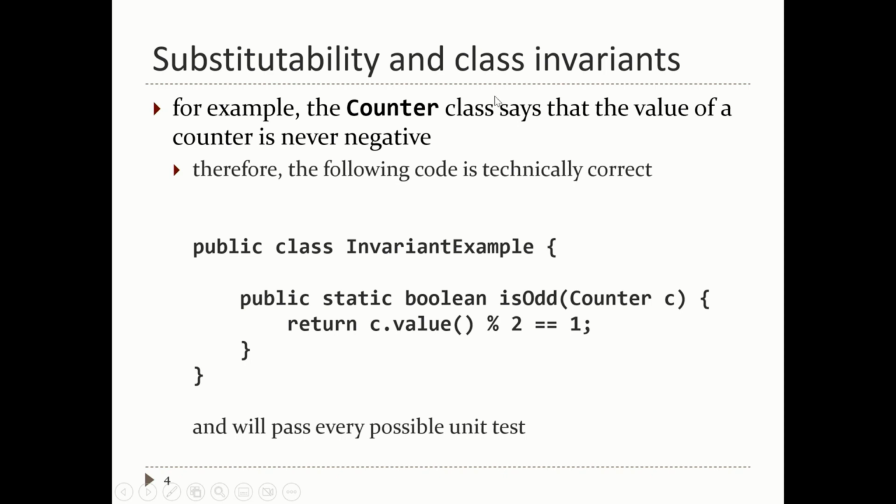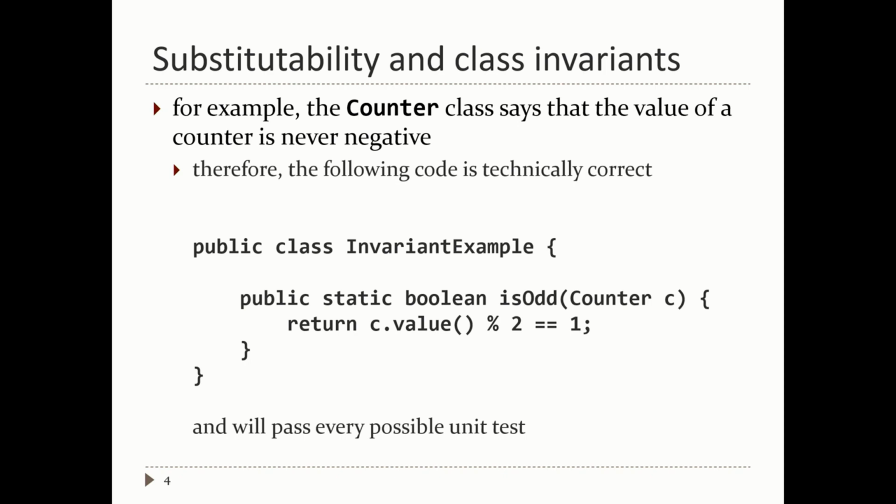For example, Counter has an invariant: Counter says that its value is always non-negative. So someone can come along and write a method called isOdd that takes in a Counter object. The implementation of isOdd is not good, but it's technically correct according to the contract of Counter.